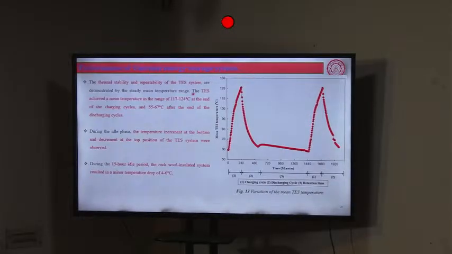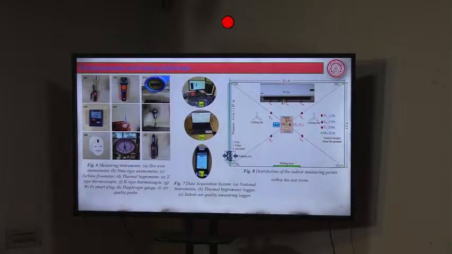We will not go into the details of the thermal part, but this is another part of the research, where I work more on building energy conservation. You would have heard about building management systems. You would have seen Schneider, Honeywell, where they display the temperature and the relative humidity.